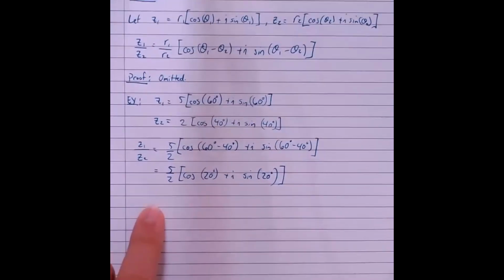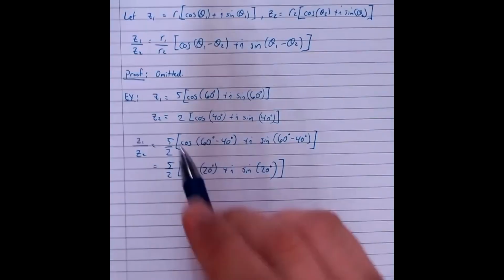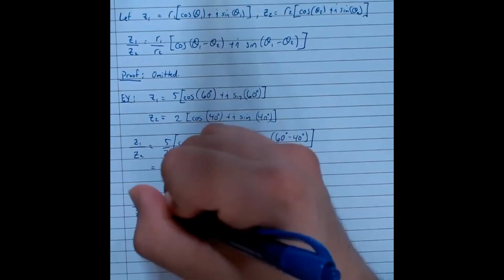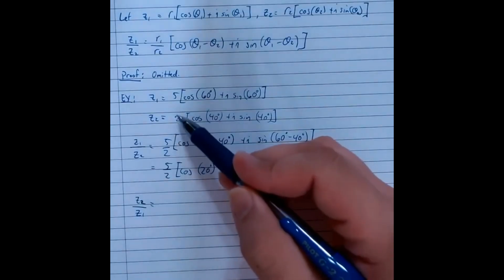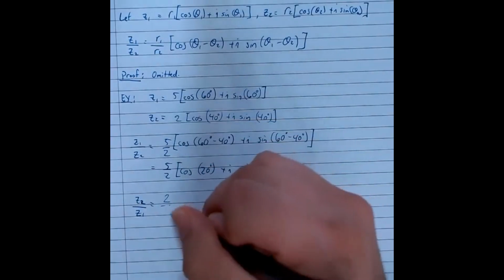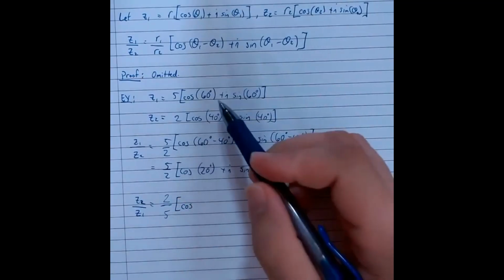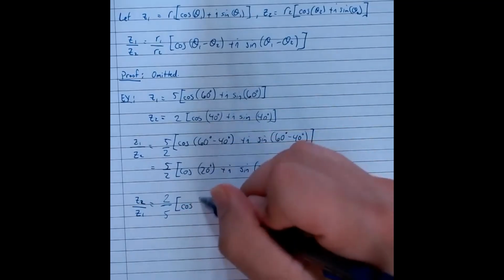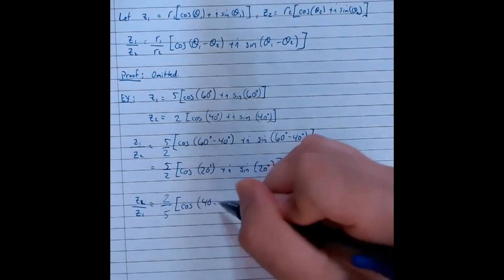Notice that because this is a subtraction, the order does matter. So be mindful of that. If you have Z2 divided by Z1, that would give you a very different answer. You would take the modulus of Z2 divided by the modulus of Z1, and then this would be the cosine of the argument of Z2 minus the argument of Z1. It's always the top minus the bottom. So here that's going to give you a negative number.